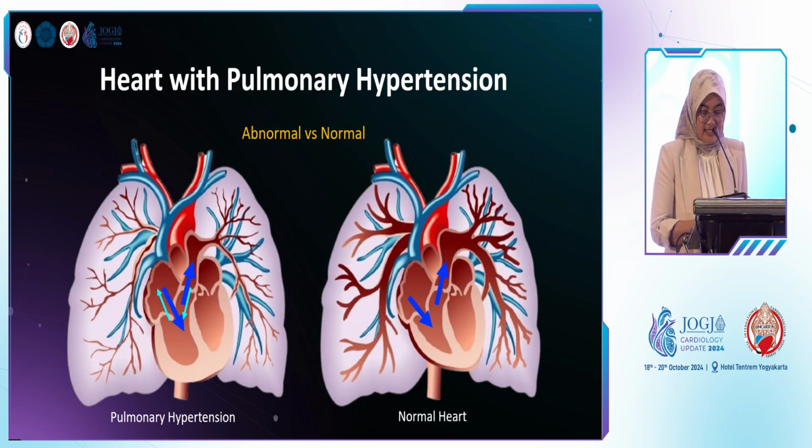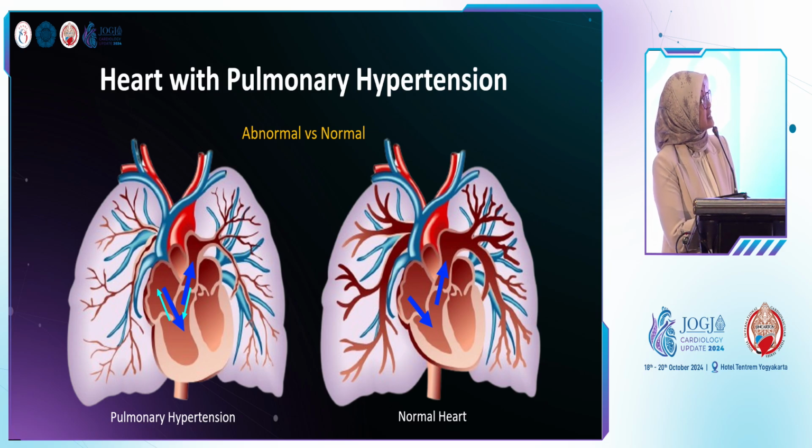As you can see here, in the normal heart, the blood flow is evenly distributed across all lung segments. But in pulmonary hypertension, there is vasoconstriction, which causes increased pulmonary vascular resistance as well as increased pulmonary arterial pressure.